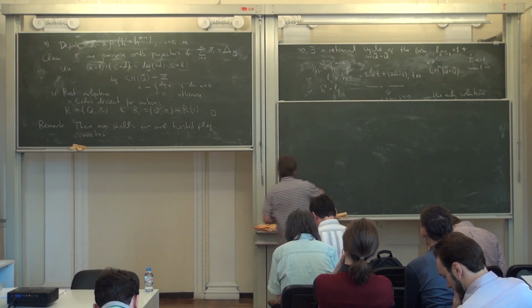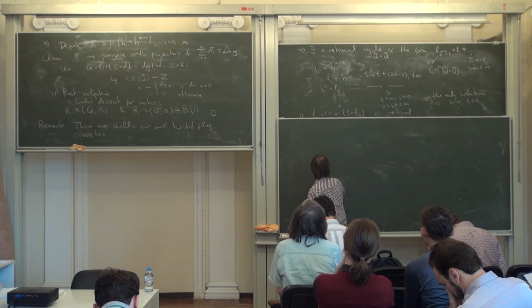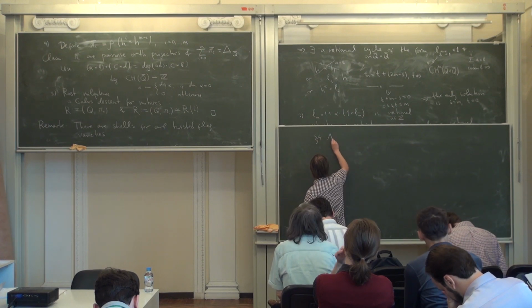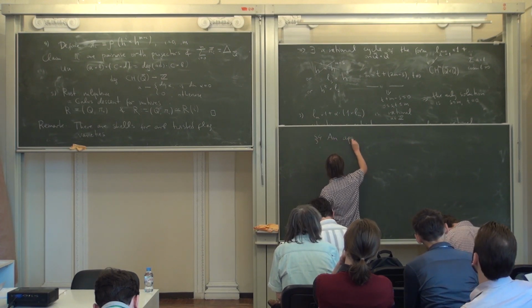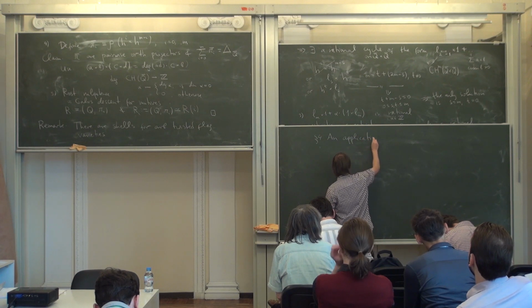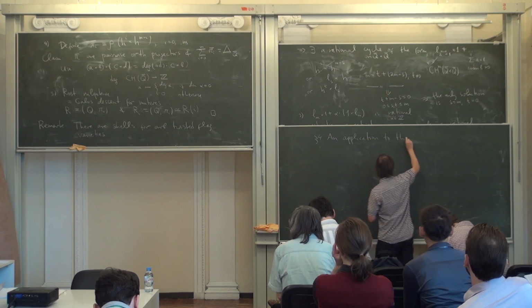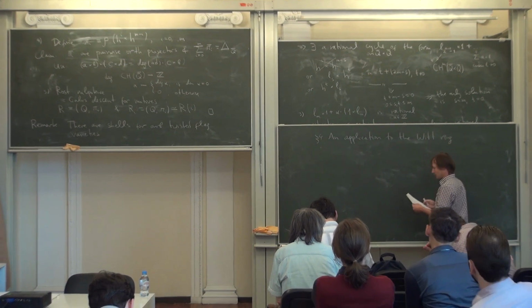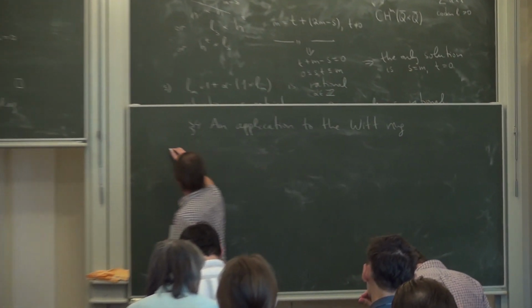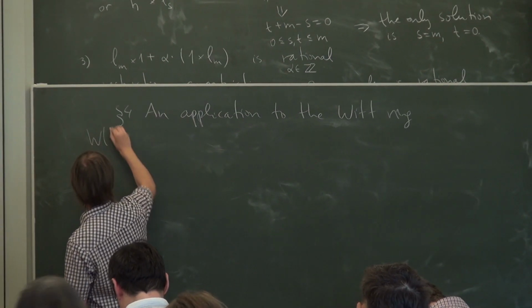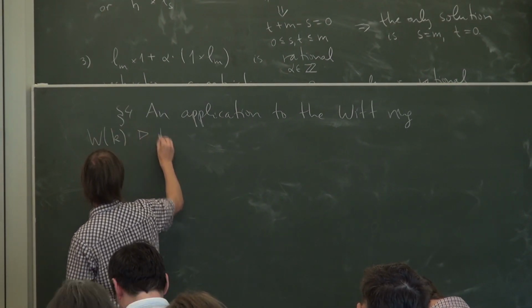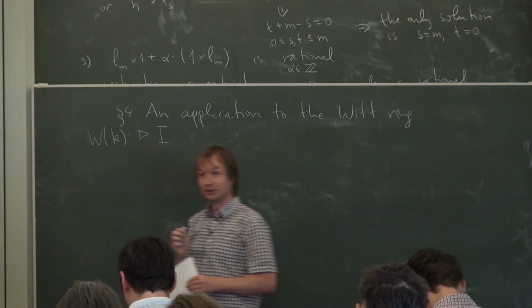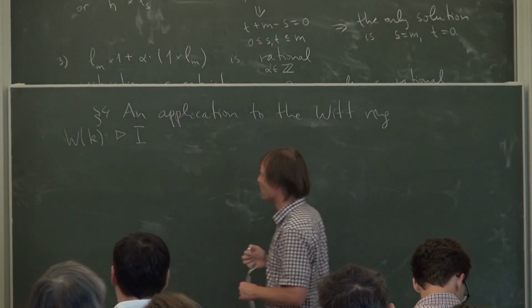It will be part 4. An application to the Witt ring. Remember we have the Witt ring and we have a fundamental ideal which consists of even dimensional quadratic forms.